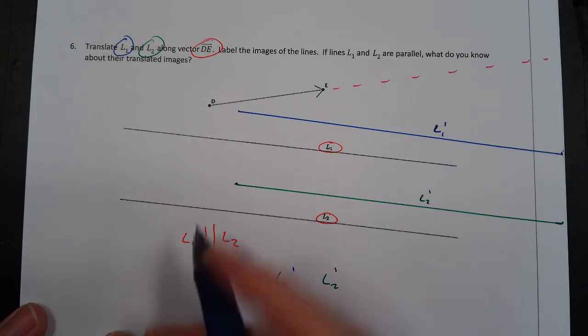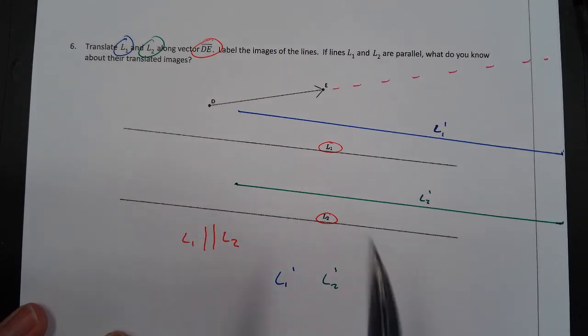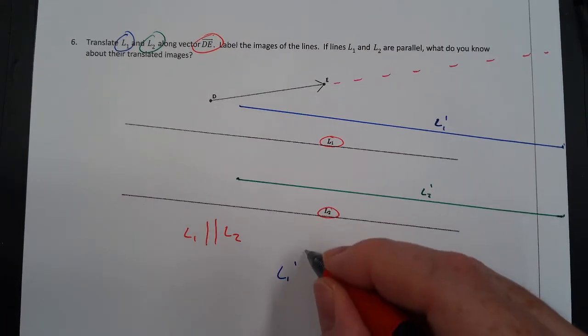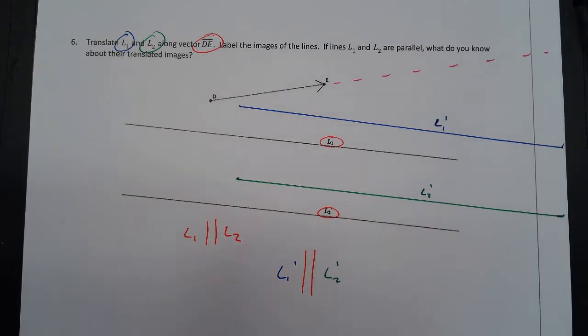Well, if the originals are parallel and they both get translated exactly the same way, the translations should also be parallel. So the lines stay parallel even after the translation.